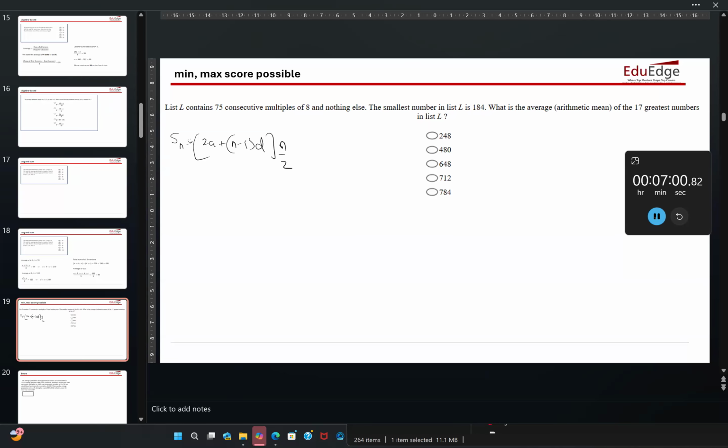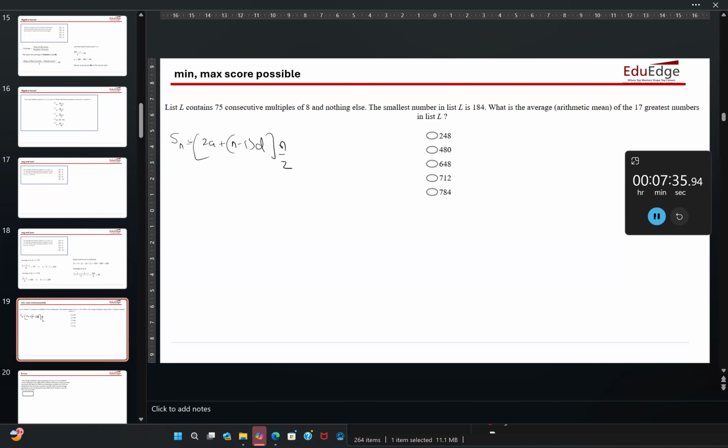It should have been 58. The 58th term. 57 into 8 plus 184 is 640. 640 into 2 is 1280.